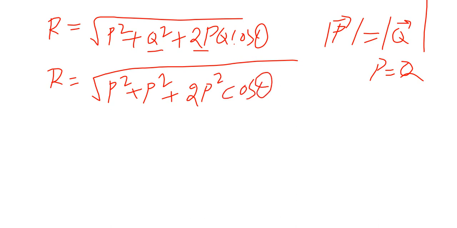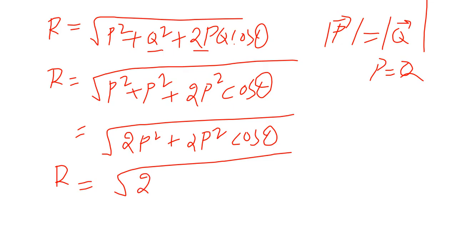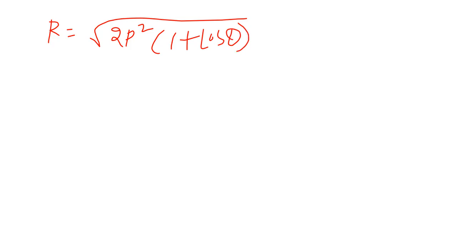So 2P square plus 2P square cos theta. These are the fundamentals in trigonometry. 2P square into 1 plus cos theta. R is equal to root over 2P square into 1 plus cos theta.